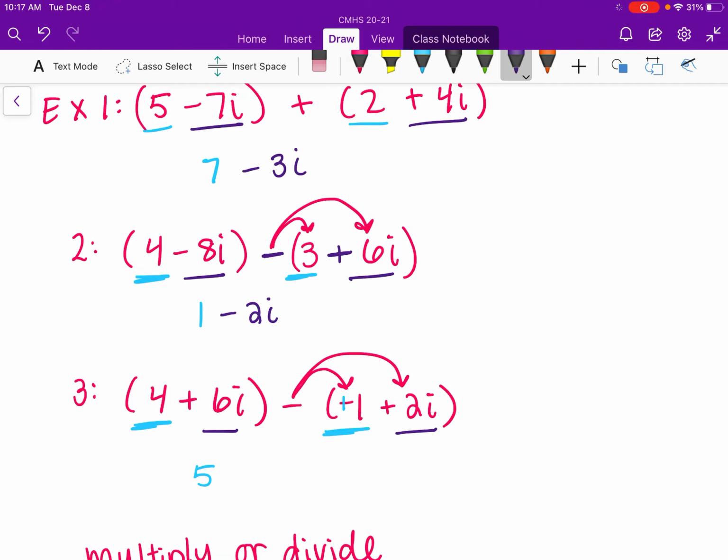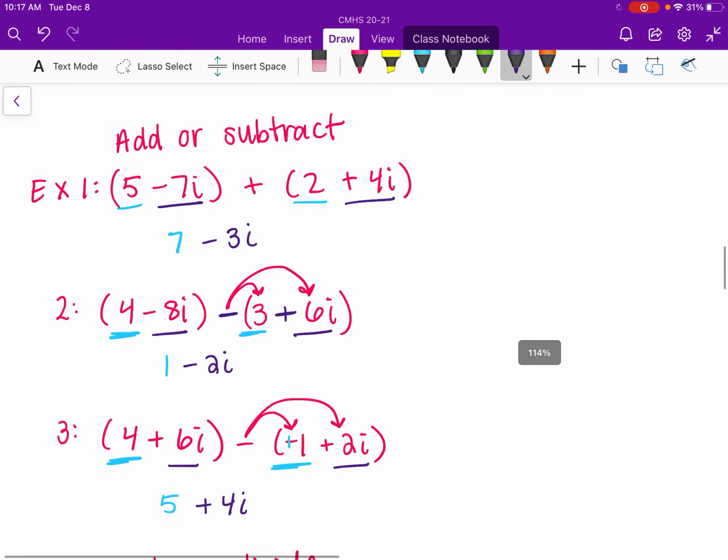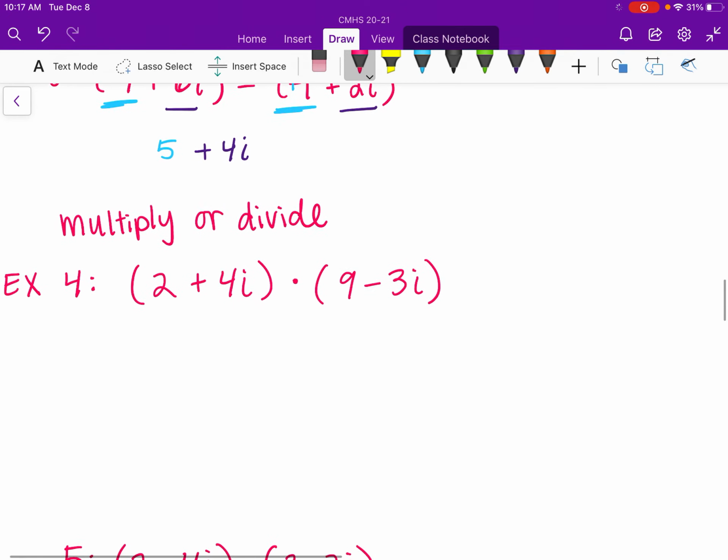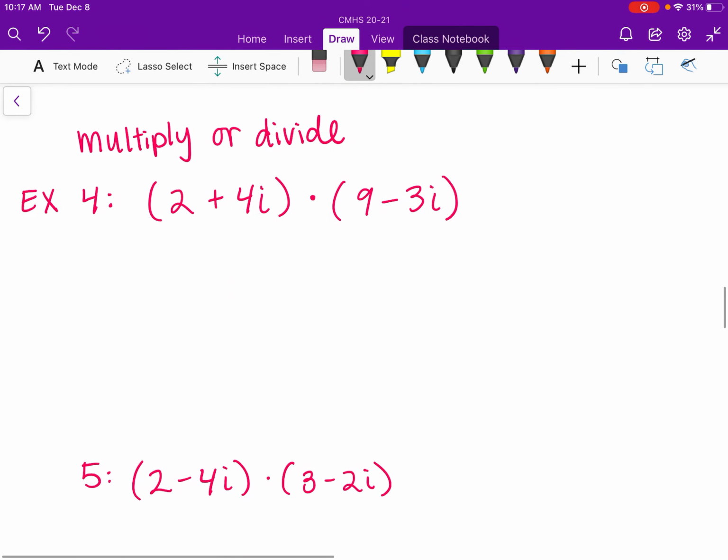And the purple, we have a 6i minus a 2i. 6 minus 2 is 4, so 4i. Okay, so adding and subtracting is very, very simple. The multiplying and dividing is where it's gonna get a little tricky.